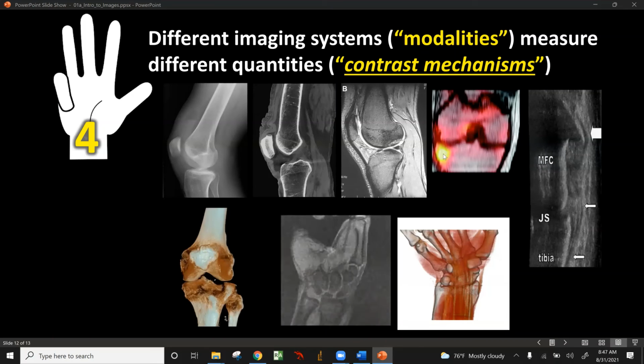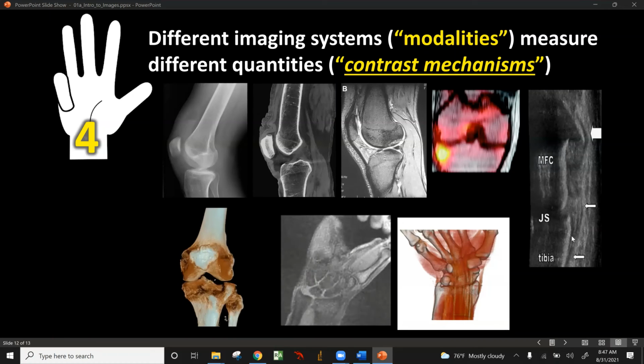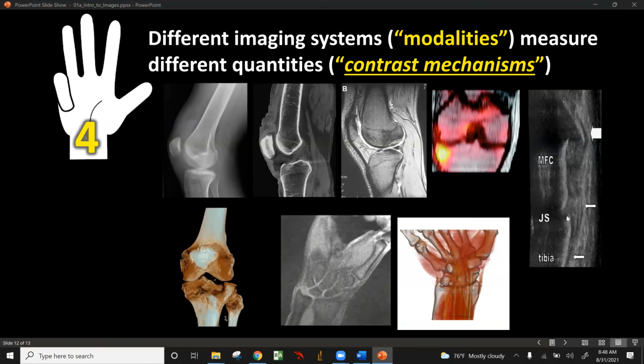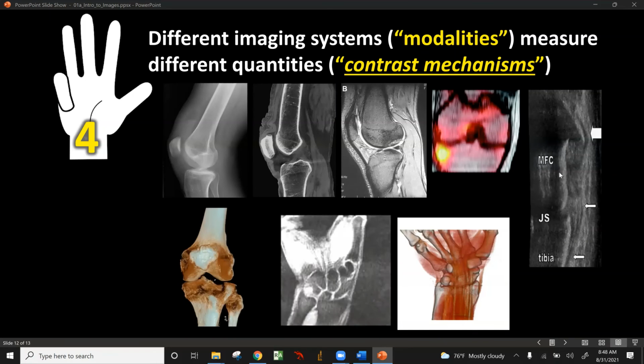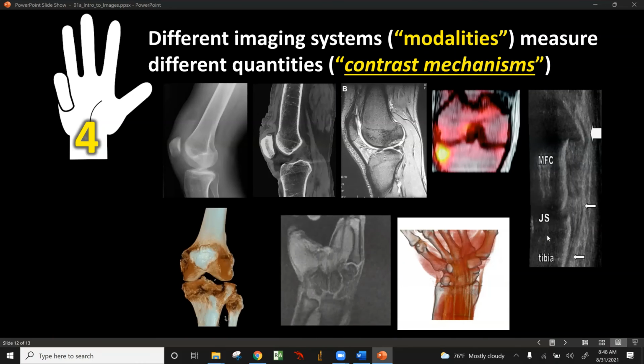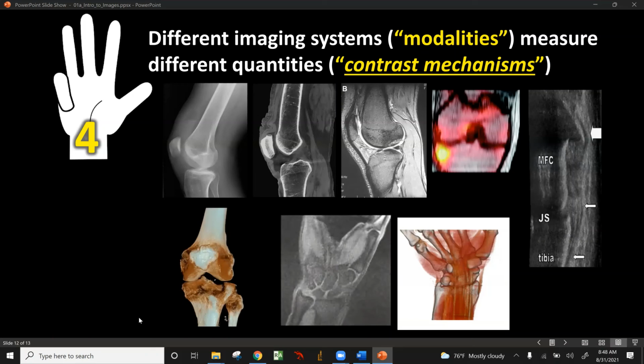This might be a tumor or infection or something like that within this area. The one on the right? Now, you really need to get oriented with this particular modality. We're seeing the top of the tibia, the bottom of the femur, and the ligaments associated with those two bones in the modality called ultrasound.